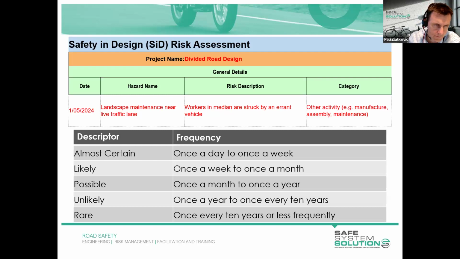To do a full assessment, we'd be asking ourselves how often the median would be maintained, and how long they are there for when they're out doing work.